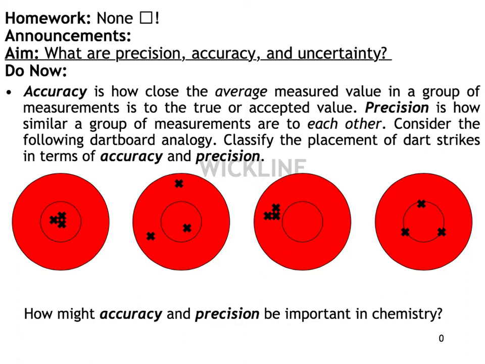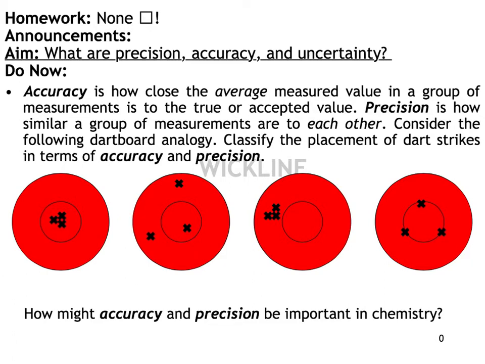So when you look at these diagrams of bullseyes, in this first bullseye, the darts have all gone right into the middle. That means that not only are they precise because they're really close together, but they're accurate because they're right there in the middle. For the next one, we have 3 values that are far apart from each other and they're not close to the middle, so that's neither accurate nor precise.